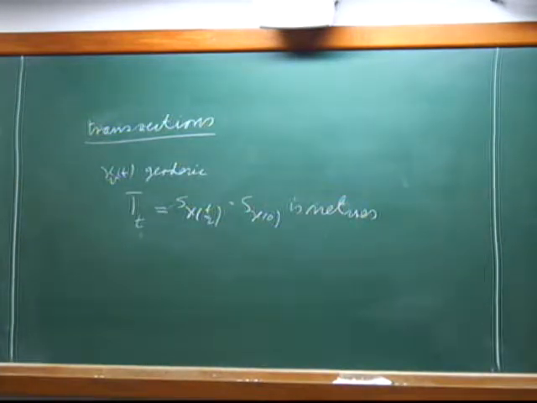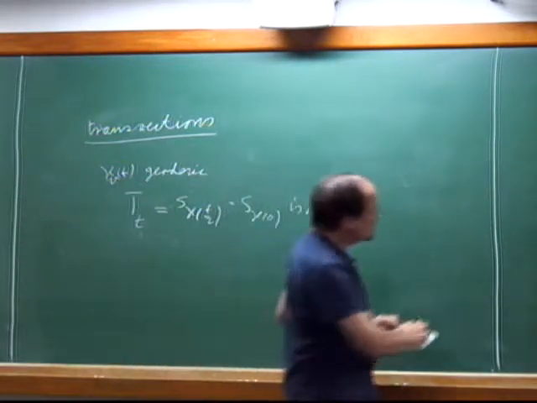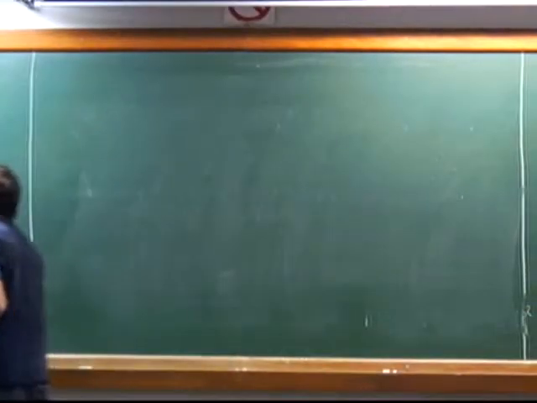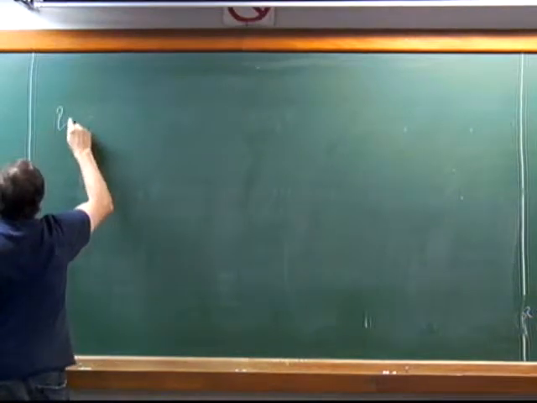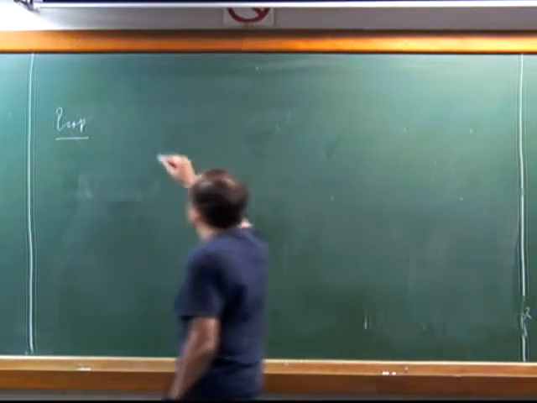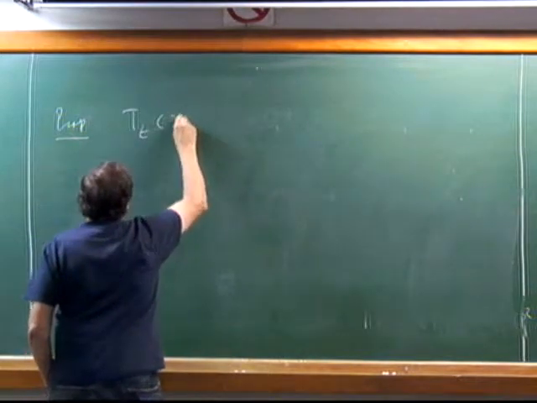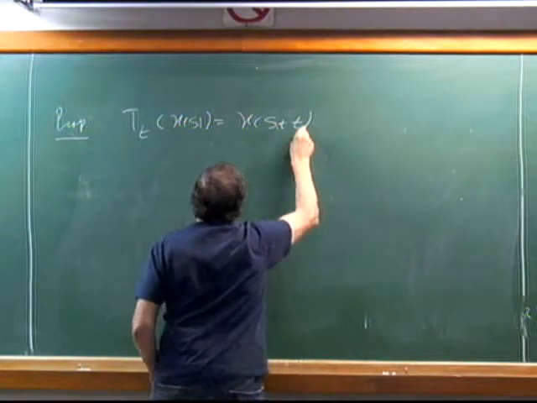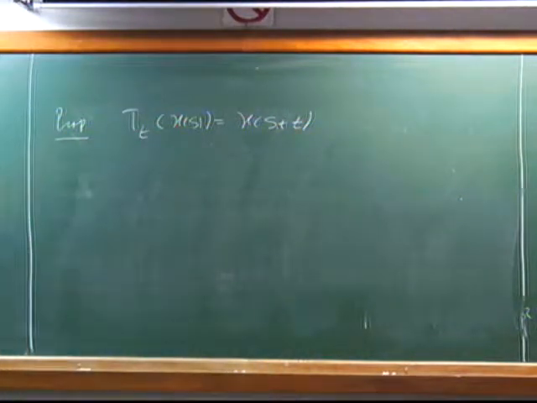Let's prove some properties of these transvections, which are going to explain the name and consequences. First, what does it do along the geodesic? It just translates the geodesic by adding the value of t, this transvection, to the parameter.